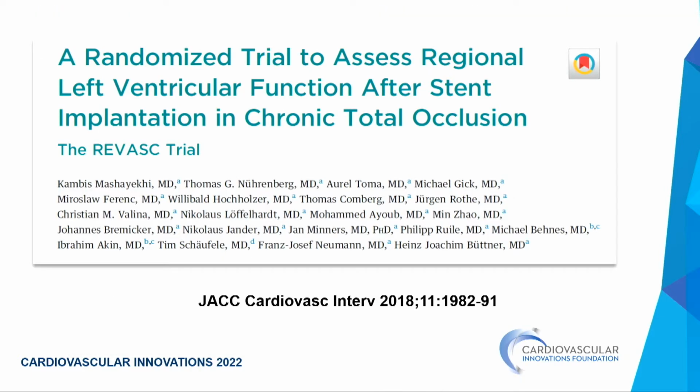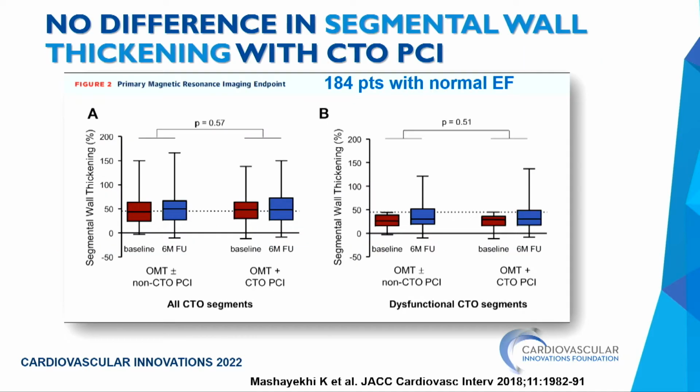There was a randomized trial done by my friend Kembis Mashaiki, where actually his objective was to try to find if CTO-PCI would improve regional motion contraction, and it did not. And there was no difference if you would do non-CTO-PCI only or if you would fix the CTO also, CTO-PCI in 184 patients with normal EF.